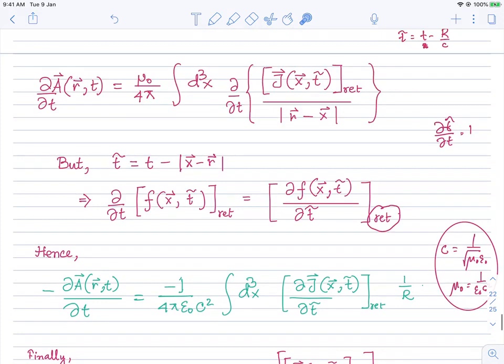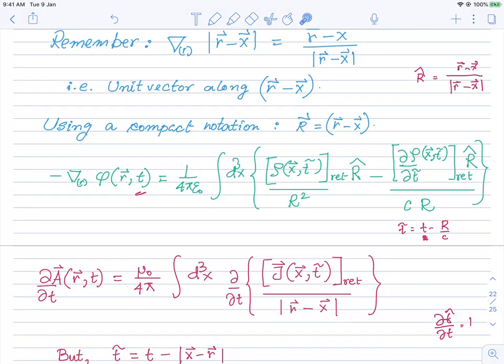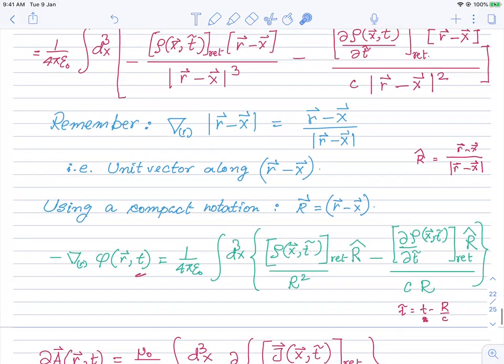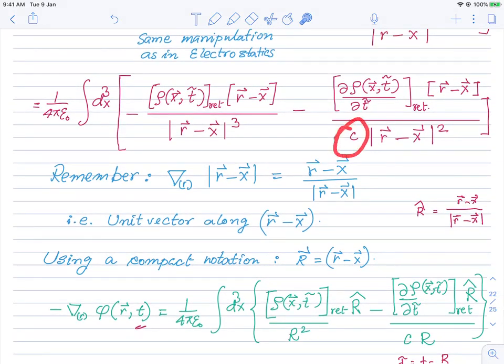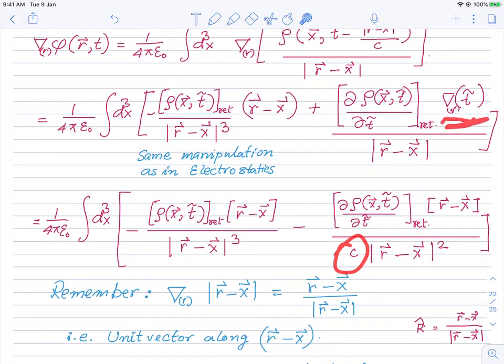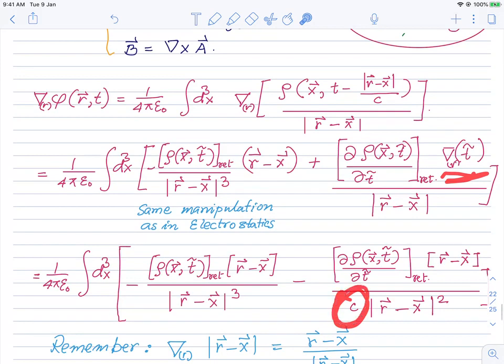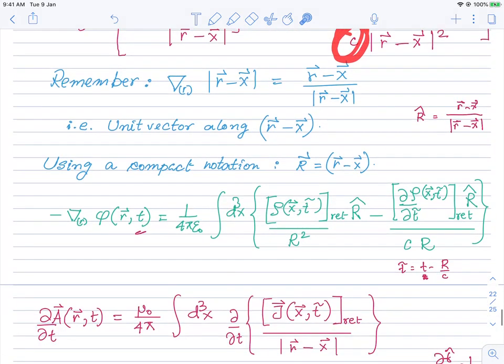And here also, when we took this derivative, there was this factor of C. This factor of C came from the fact that there's an R by C. So when we take this derivative, it is given by R by C, and that is the factor of C that remains in the final answer.